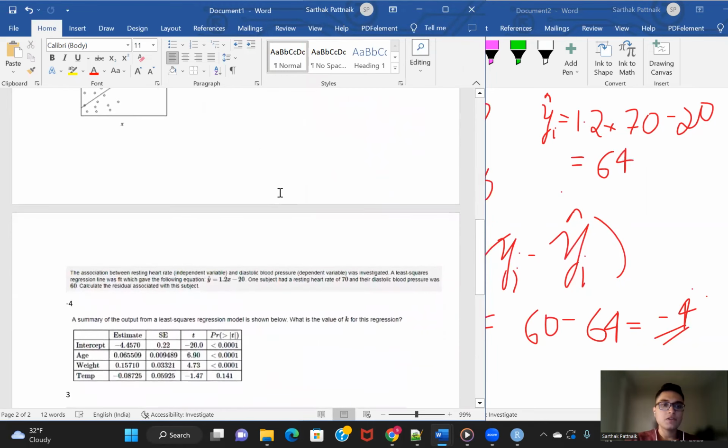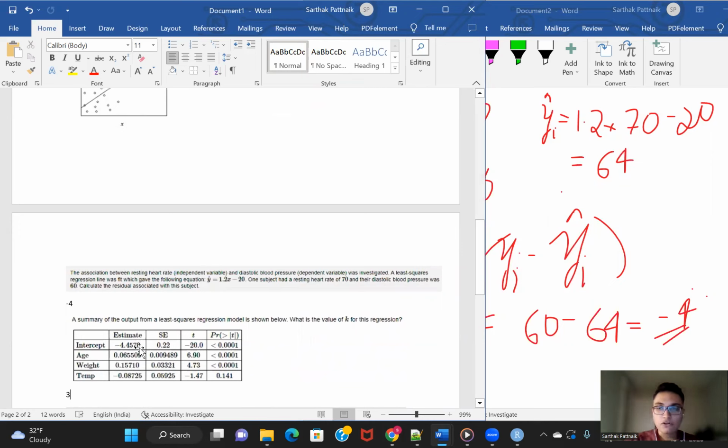Now the next question says a summary of the output from the least square regression model is shown below. What is the value of k for this regression? Now, how will you write the equation of the MLR line for this summary table? Well, it will be y is equal to intercept plus 0.06 times age plus 0.15 times weight minus 0.08 times temperature.